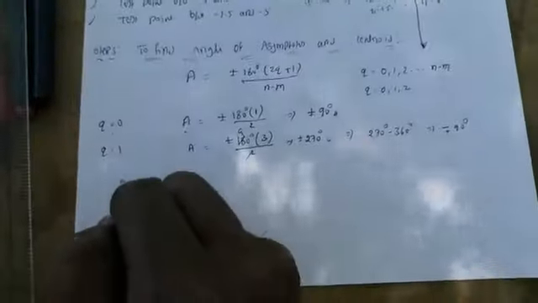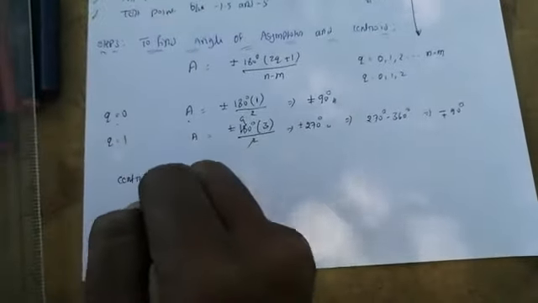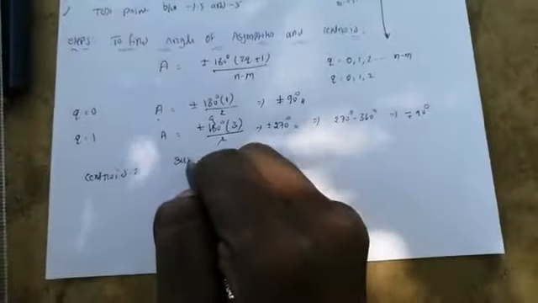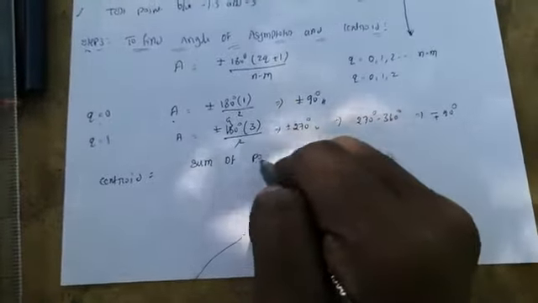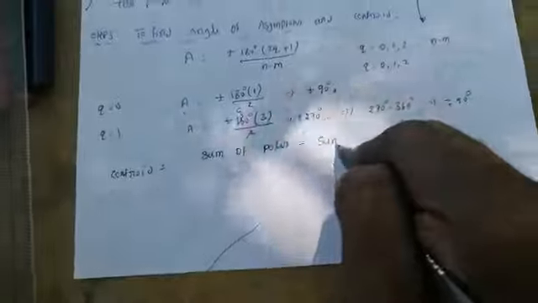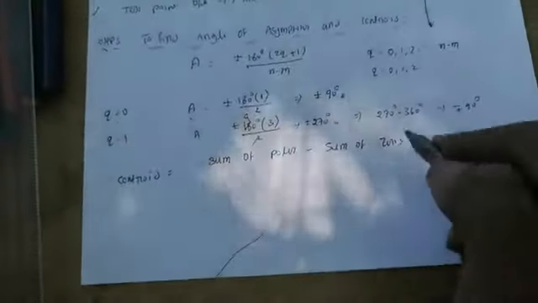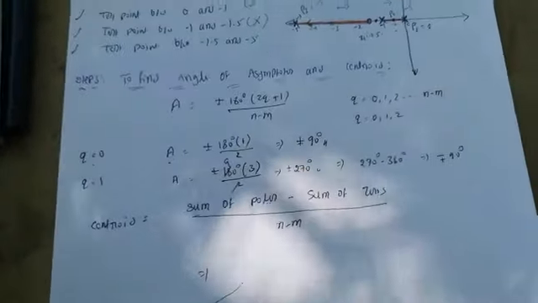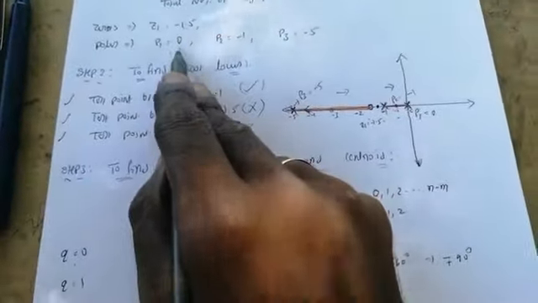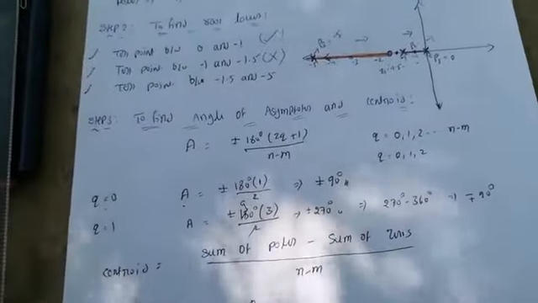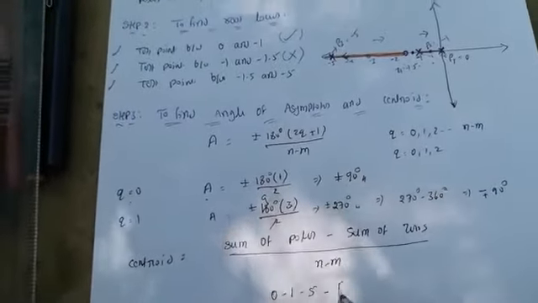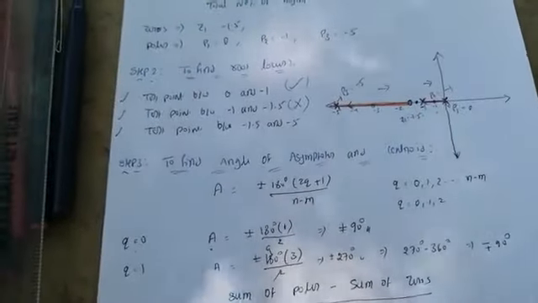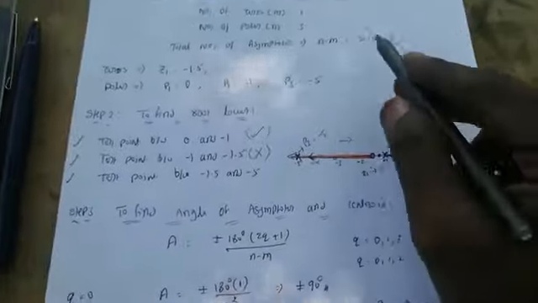Now let me see the centroid. Already we know the centroid formula: sum of poles minus sum of zeros divided by n minus m. Sum of poles means we have 3 poles: 0, minus 1, minus 5. Minus the sum of zeros, we have only one zero, that is minus 1.5, divided by n minus m, which is 2.